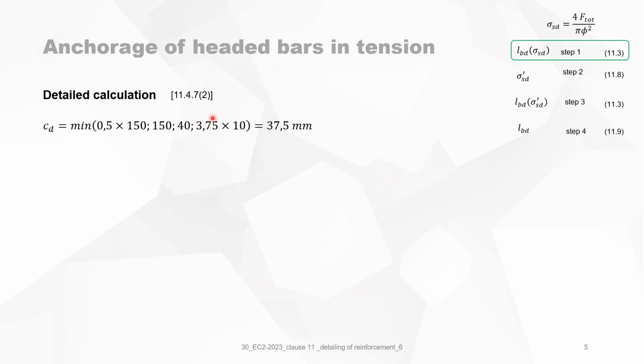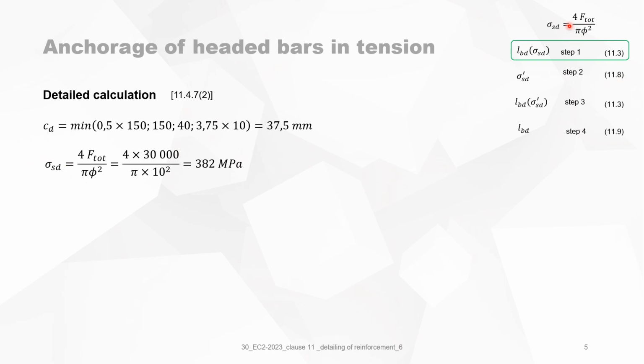This 3.75 is in the formula 11.3 to calculate LBD. LBD is the anchorage length of a straight bar. So that's why this 3.75 is appearing here. So we have 37.5 millimeters.